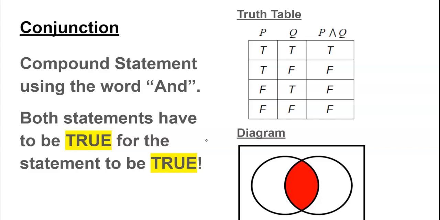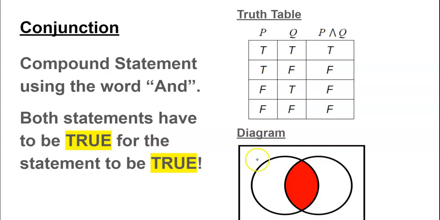Unlike disjunction, it's almost the exact opposite. All of these other scenarios are going to be false. Only one is true, when they're both true. Every other scenario is false. That's evident again in this Venn diagram, where the middle is filled in as being true. So when both statements are true, the entire compound statement is also true.